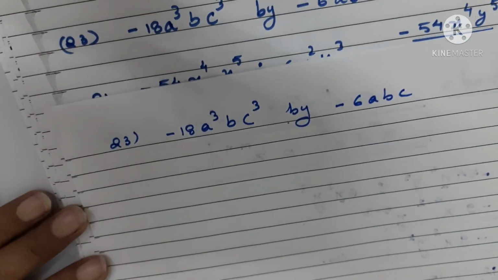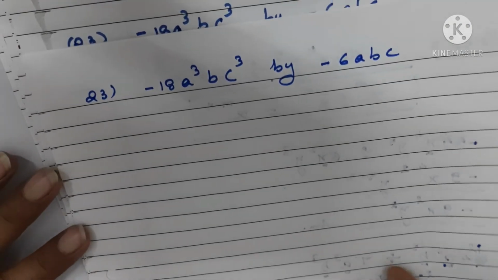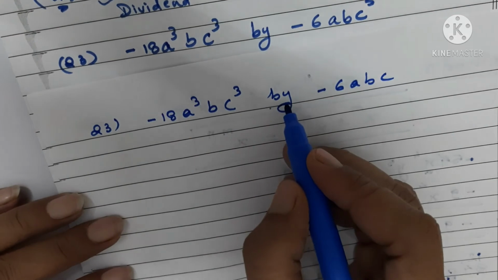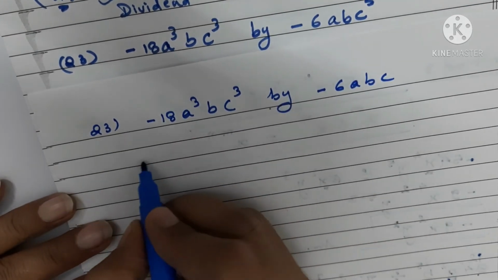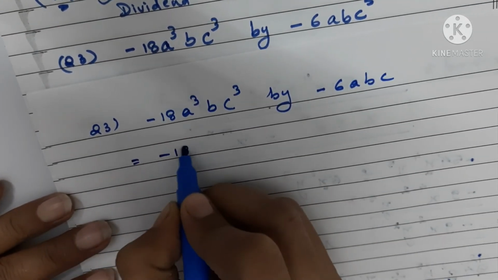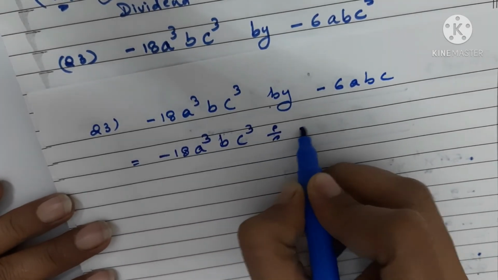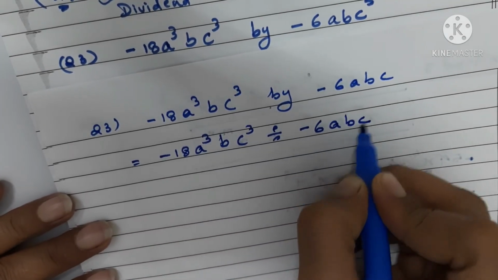As I told you, you are not going to bring it into fraction form. Simply you change it into division form first. So it will be minus 18 a cube b c cube divided by minus 6 a b c.